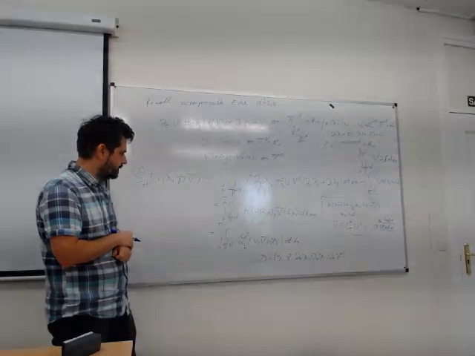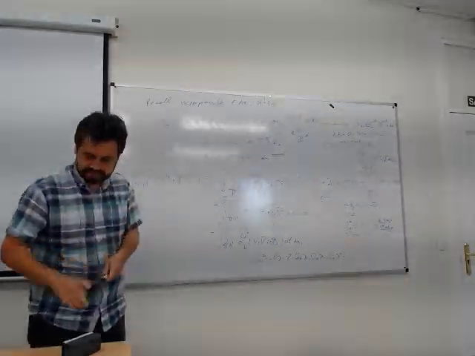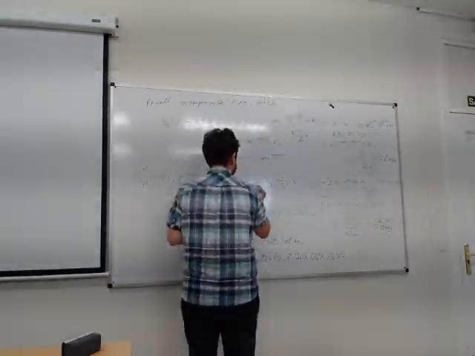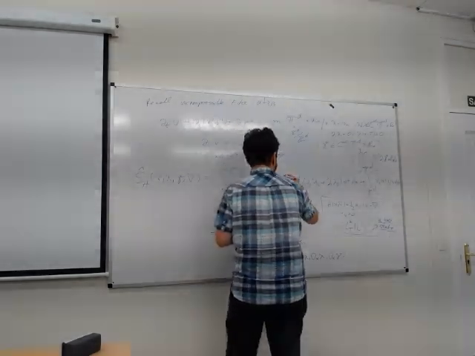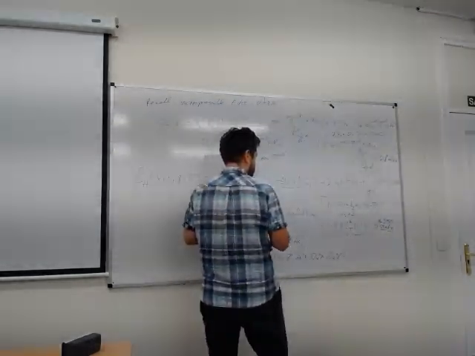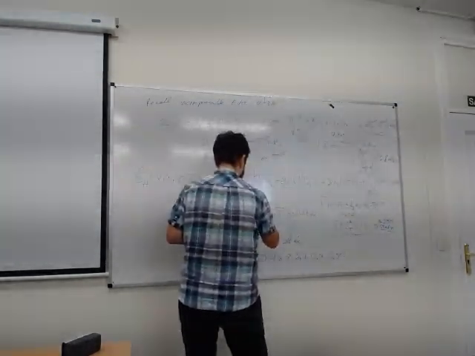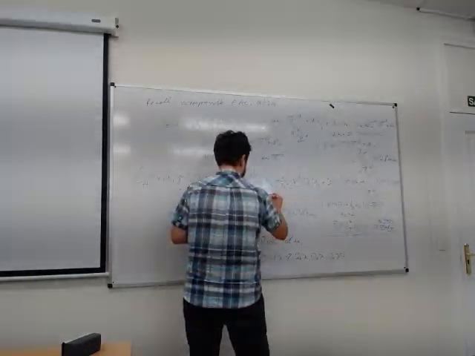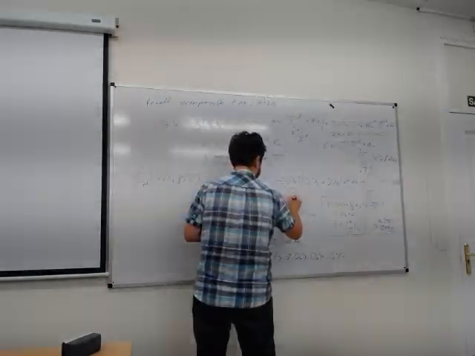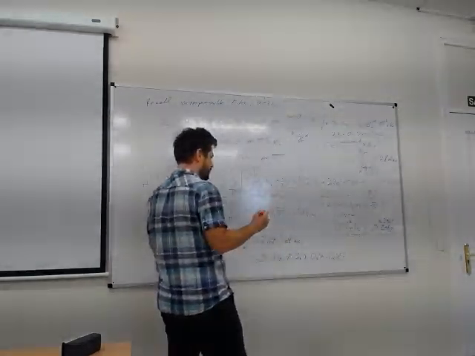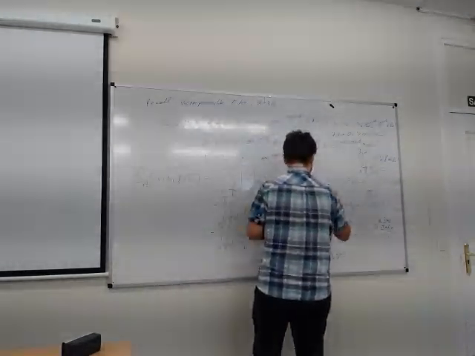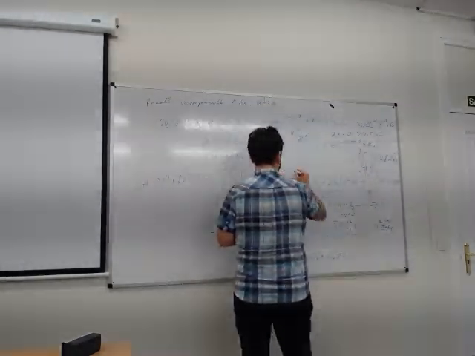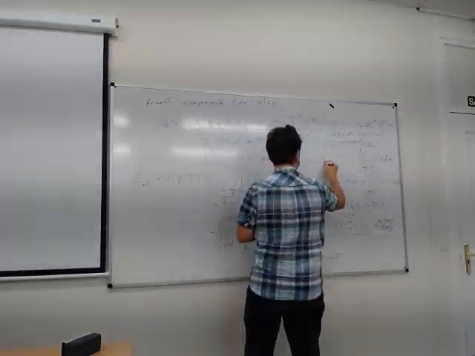So the goal is, let's do it like this. There are primal and dual variables. The primal variables are the unknowns of the original problem, like the x's before, and then there are the dual variables.